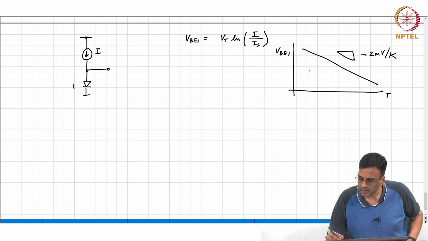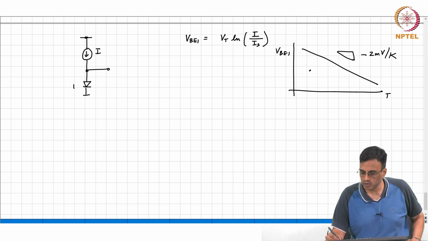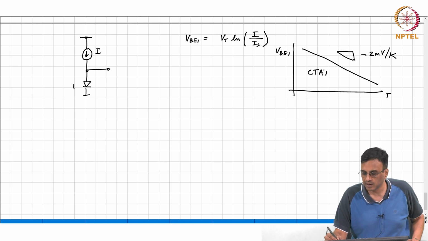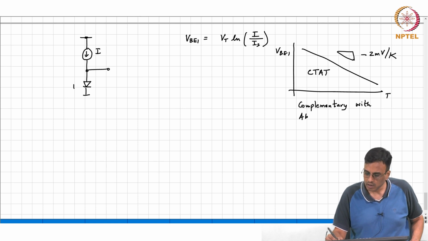So, this kind of characteristic which reduces with temperature is what is called CTAT, short for complementary to absolute temperature.